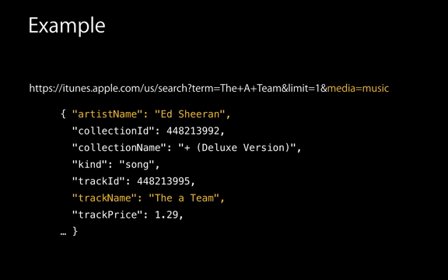Now, this is just one result back. Let's say in our UI, we might have an album focus rather than a specific song. And let's say that in our UI, we want to know how much does the content cost in the user's storefront.